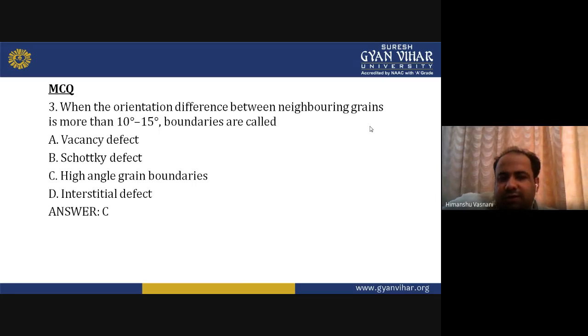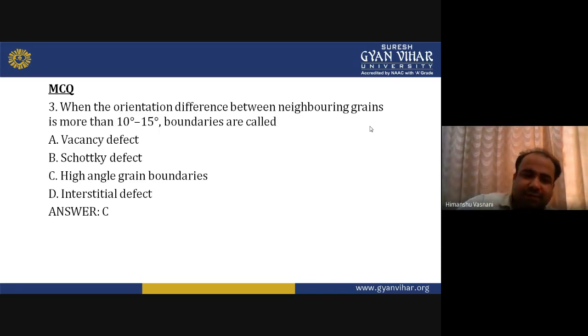Then the third question: when the orientation difference between the neighboring grains is more than 10 to 15 degrees, the boundaries are called high angle grain boundaries. We know that.